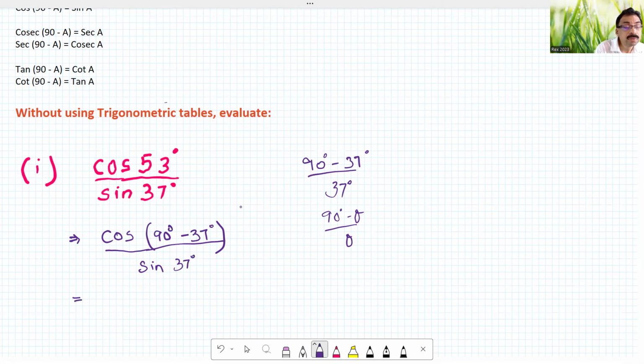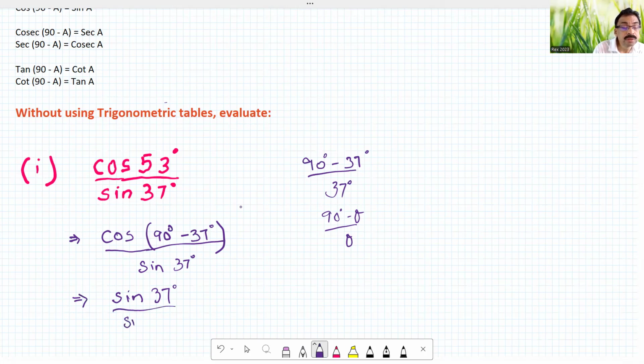Now comes the relation that we know. What is cos 90 minus theta? Cos 90 minus theta is sine theta. So instead of cos 90 minus 37, we can write this as sine 37. You need to give a reason.